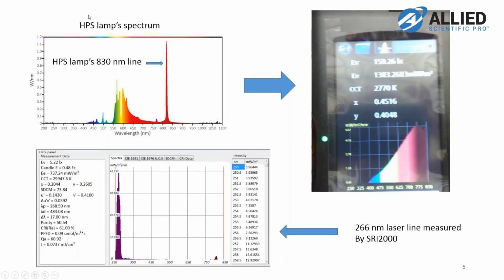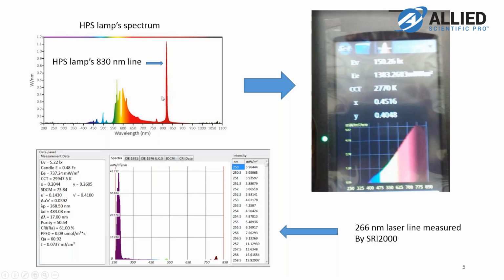For example, the spectrum of HPS lamps has a very strong peak at 830 nanometers, which is not normally measured by normal spectroradiometers, but ours can measure that. Here is a measurement of a quartz halogen lamp that goes up to 850 nanometers.